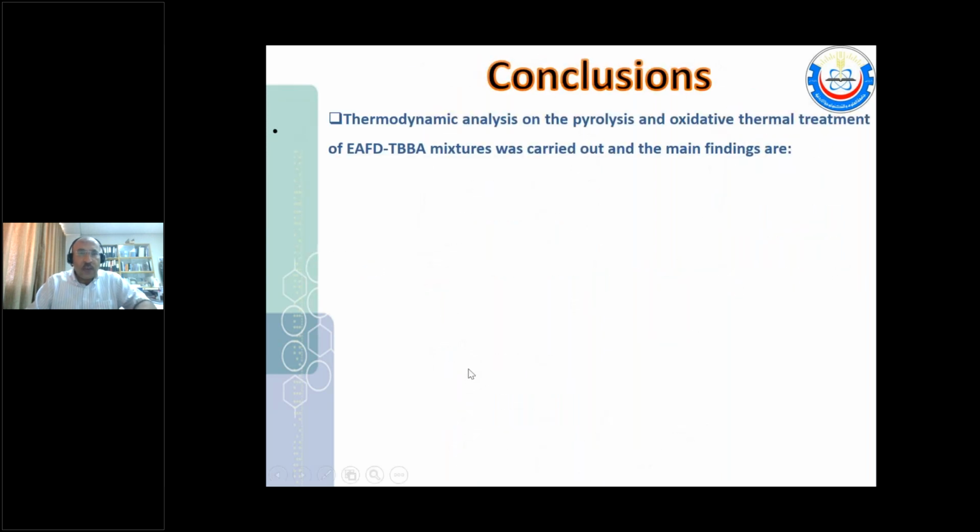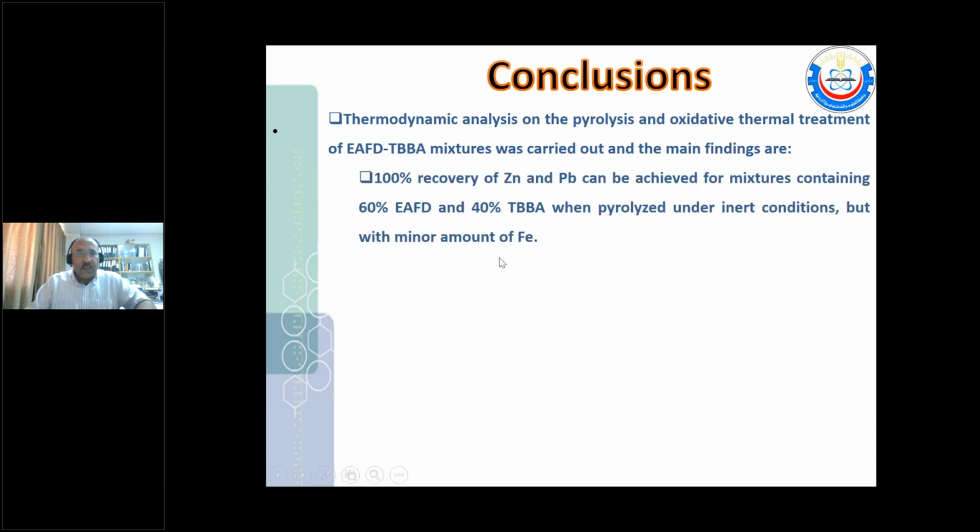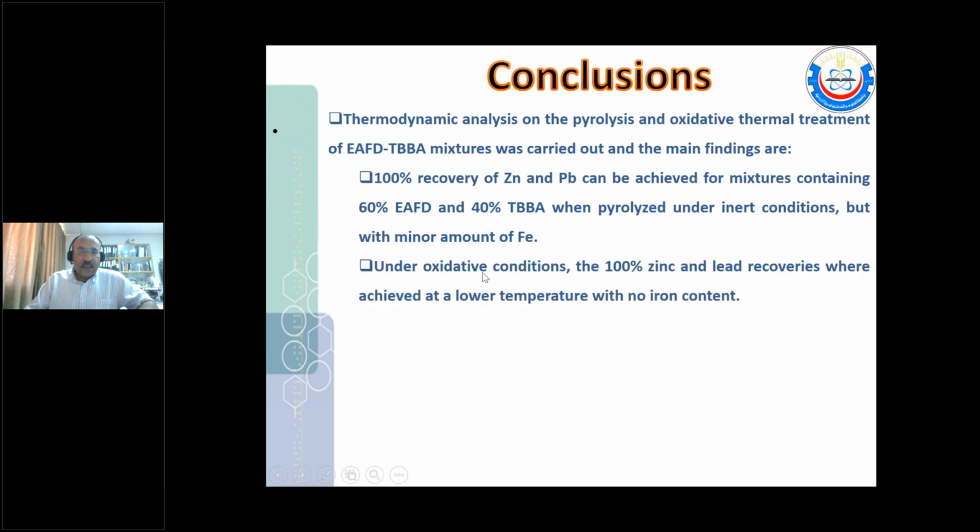Now, coming to my conclusion, we did this analysis using the FactSage, and several conclusions were found: we can recover 100% of zinc and lead from the electric arc furnace dust when we use more than 40% of tetrabromobisphenol mixed with the dust.